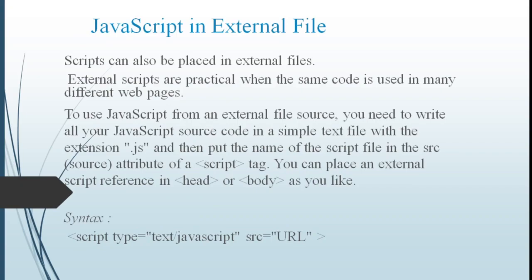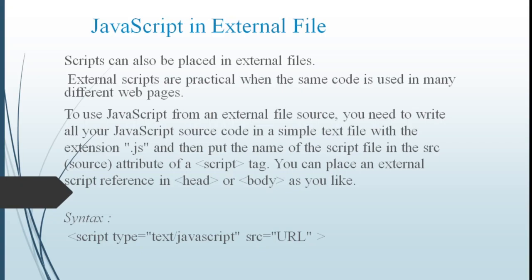JavaScript in external file. Scripts can also be placed in external files. These external files can be saved with an extension of .js. Why are we using these external files?